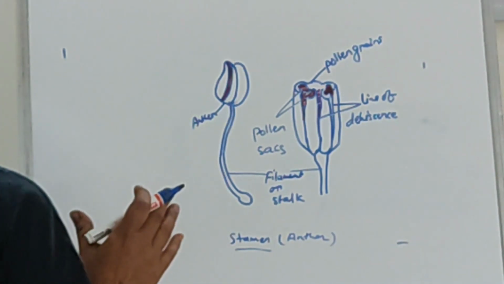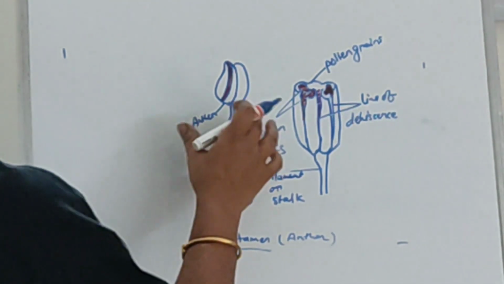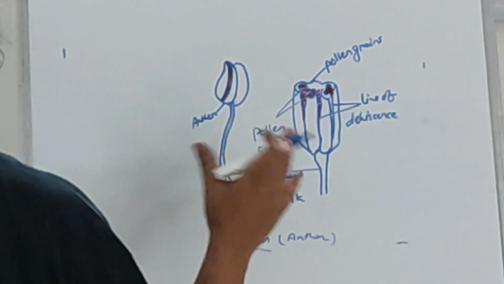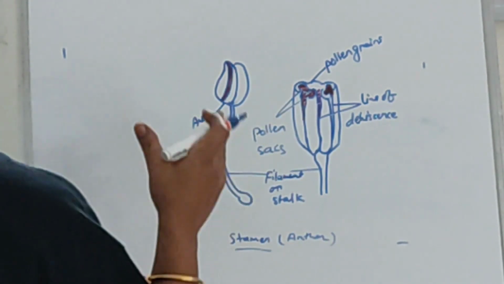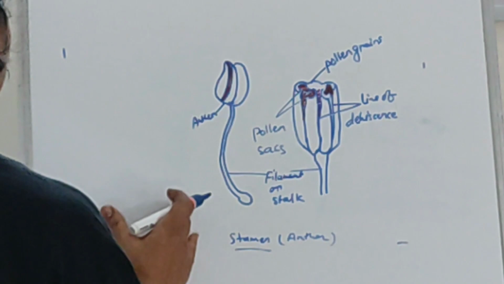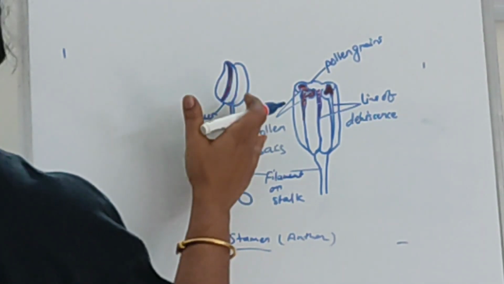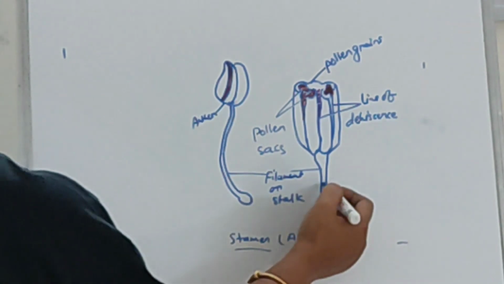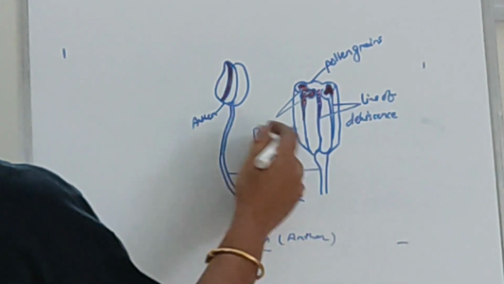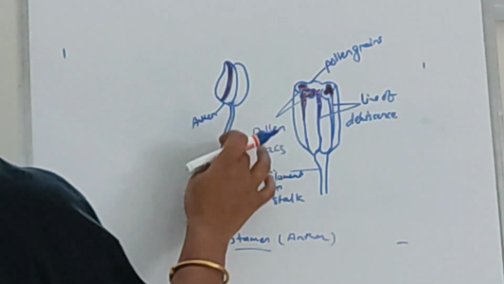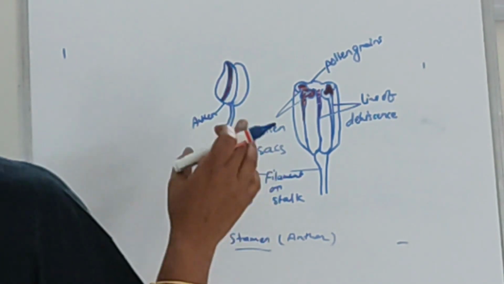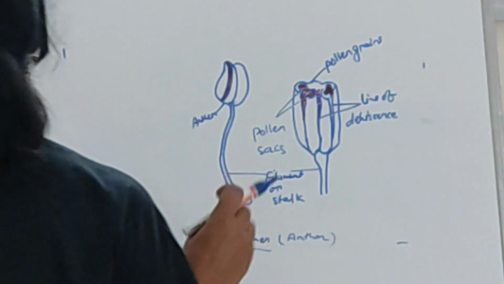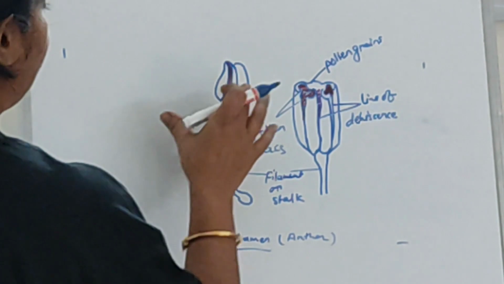Now what you will see here are the two structures of a stamen. It has a long and slender stalk, which is called the filament, and terminally a generally bilobed structure.